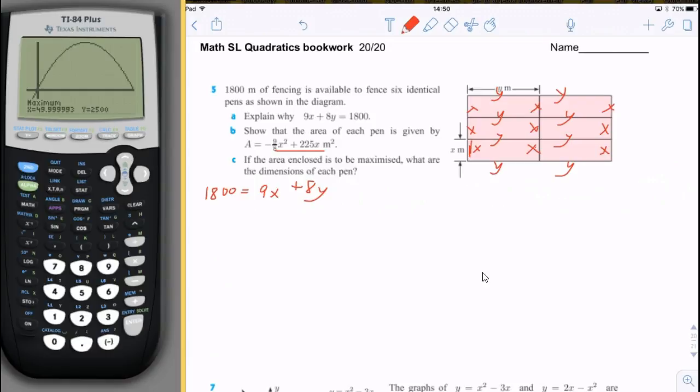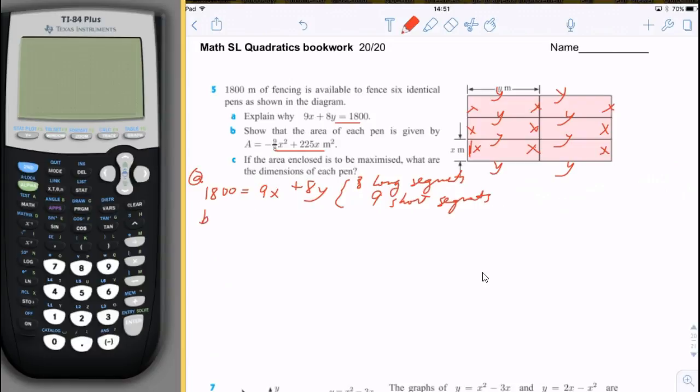So basically, if we're going to explain why, we're going to say, oh, because there are 8 long segments, and there are 9 short segments. Okay, that's why. What about B?